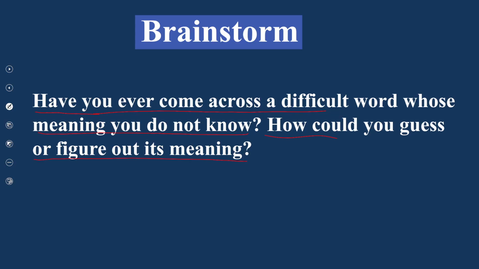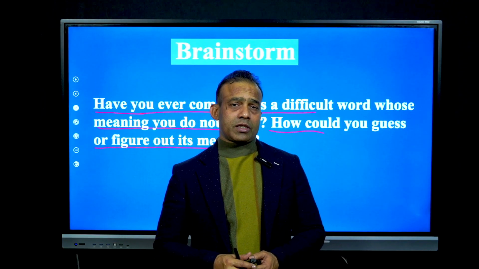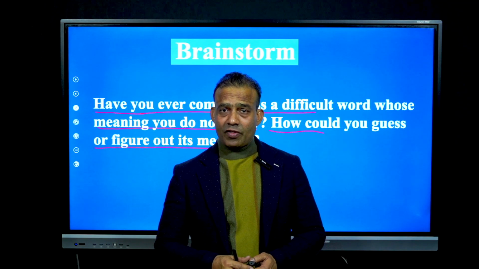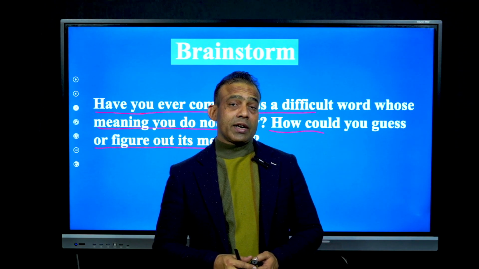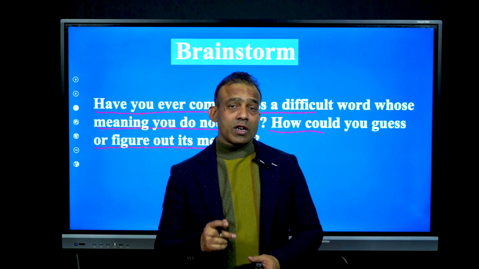Definitely, if you want to figure out the meaning of an unknown word, you have to move to the dictionary or the predictions. So, dear learners, first of all, you have to predict with the help of the contextual clues, and after guessing your own meaning, then you have to confirm that meaning.